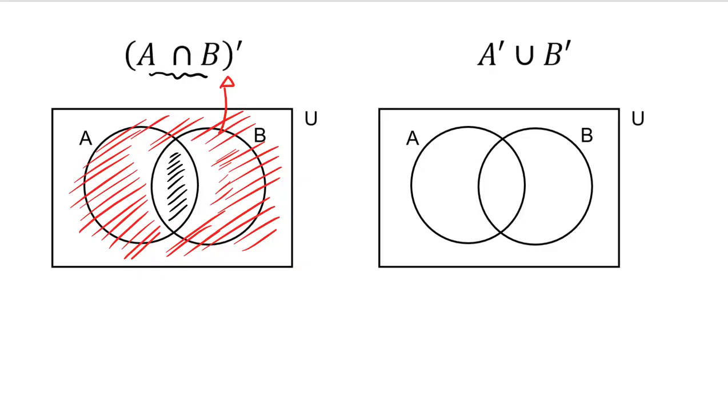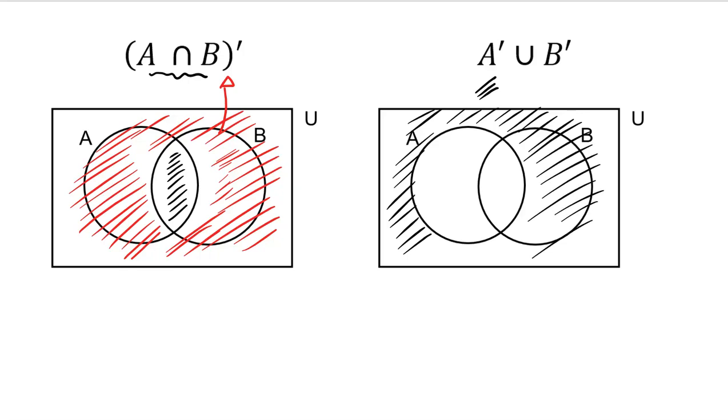So what I do is I do this one piece at a time. I've got a complement. A complement, which I'll represent in this direction, is everything that falls outside of the set A. B complement, which I'll shade in a different direction, it's another exponent, is everything that falls outside of the B circle.